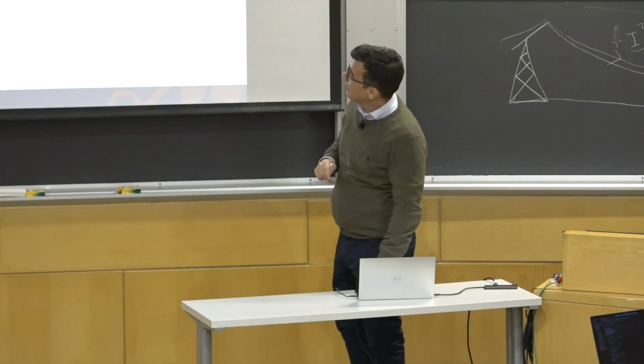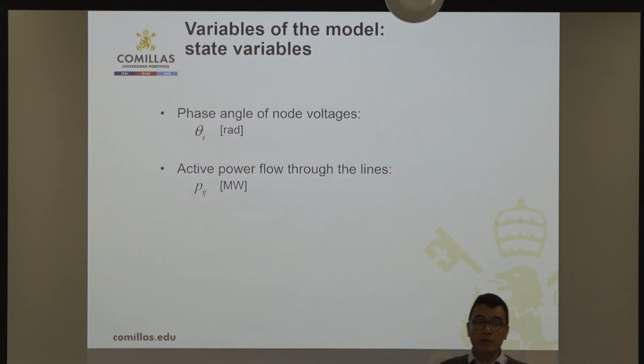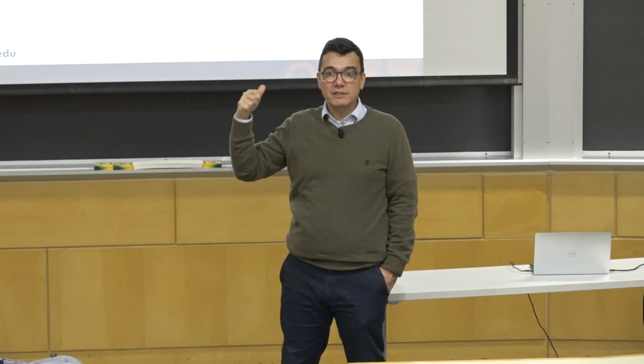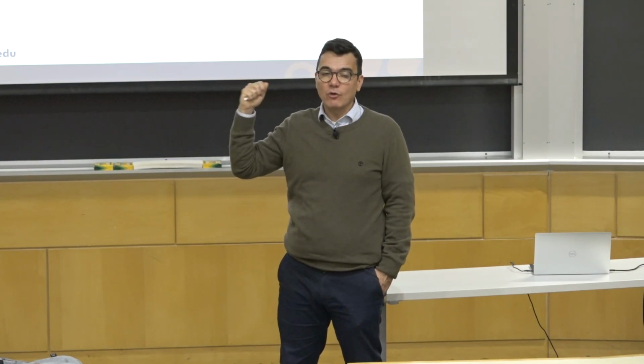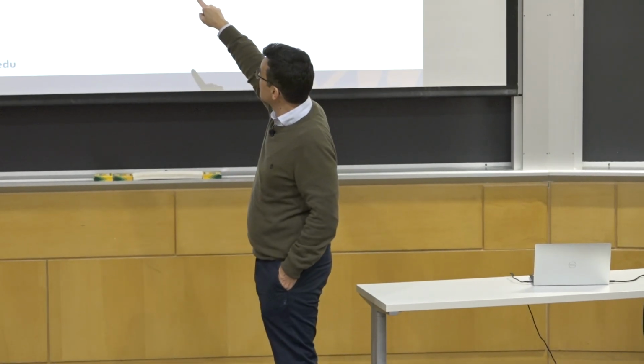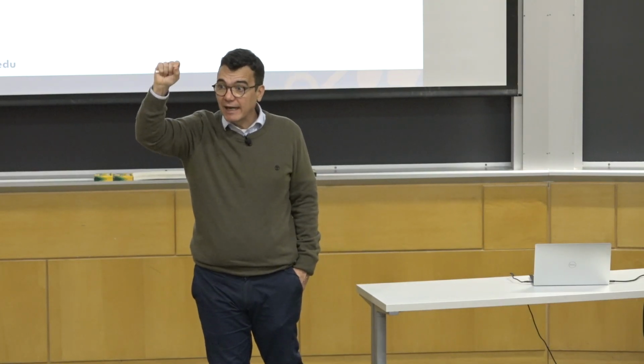Apart from that, as we have included the network here, we have new variables that we didn't have yesterday. We have to model the network. Which are the variables that we are going to need? The phase angles of all my voltages. At every node, I have theta sub i, which means the angle in radians at the node i.